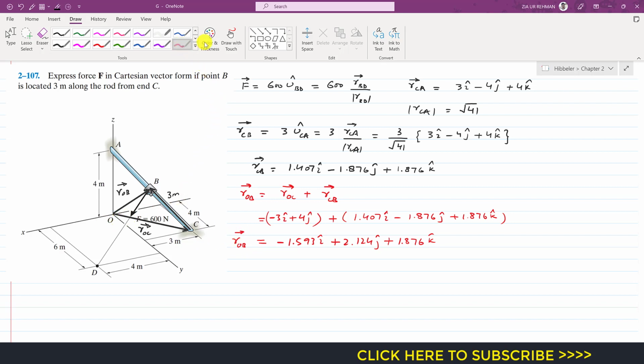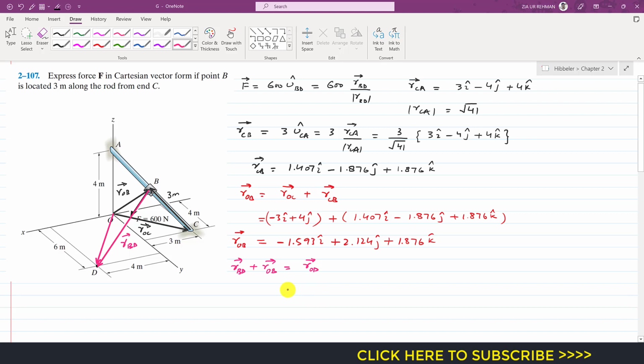Now we need to find this BD position vector. So this is RBD. So ROB plus RBD will be equal to ROD. So we can write that ROB plus RBD is equal to ROD.